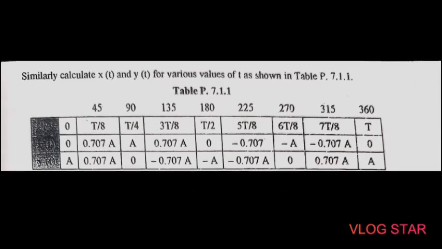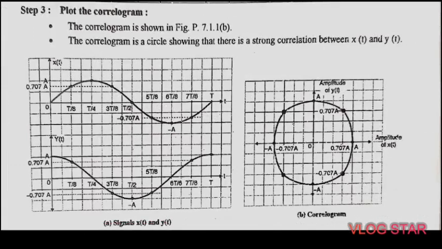Okay, then after that the third step is to plot the correlogram. Okay, so here the correlogram is shown in this given figure, that is 7.1.b. So this correlogram is a circle which shows that there is a strong correlation between x of t and y of t. Okay, so if we see the signals x of t and y of t, then we can see here that x of t is a sinusoidal signal having a sine function, and y of t is a cos function.